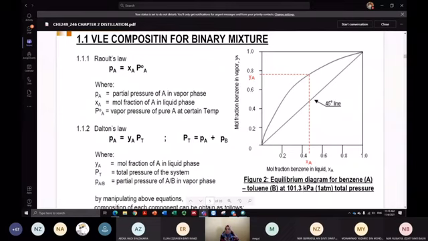Any questions regarding the binary mixture or equilibrium diagram?